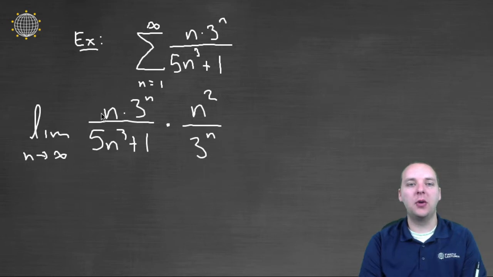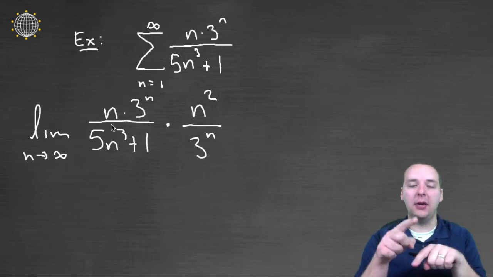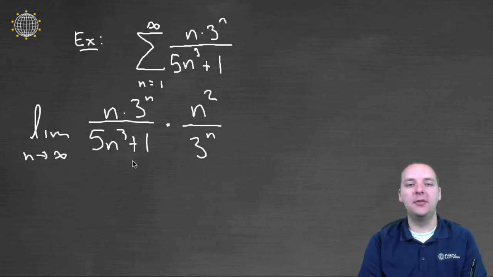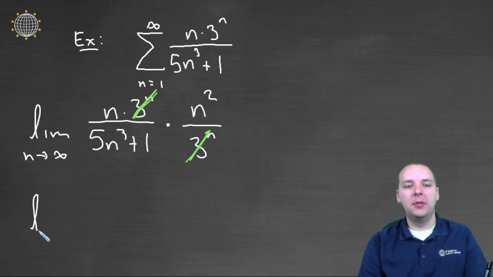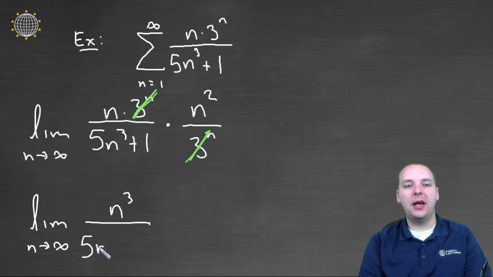Right? So hopefully you saw what we did there. We multiplied by a reciprocal instead of dividing by another fraction. All right, now, fortunately, I see a lot of good things. A lot of things cancel. The 3 to the n's would cancel. And you would roughly have the limit as n approaches infinity of n cubed divided by 5n cubed plus 1.